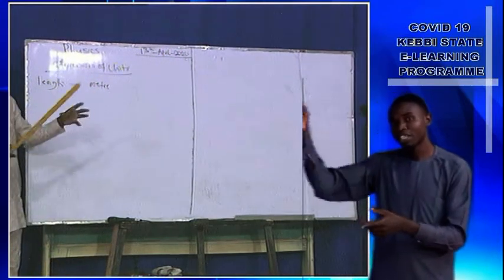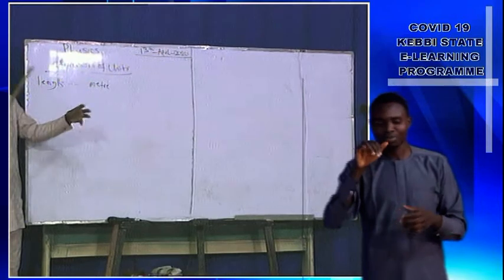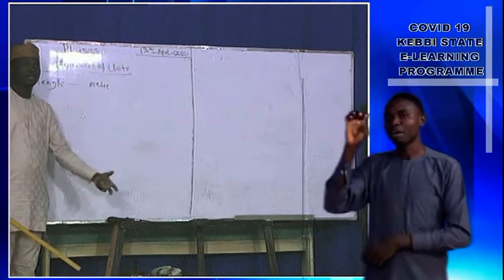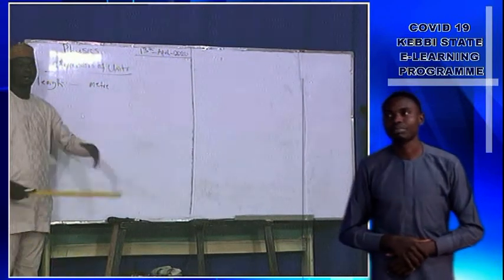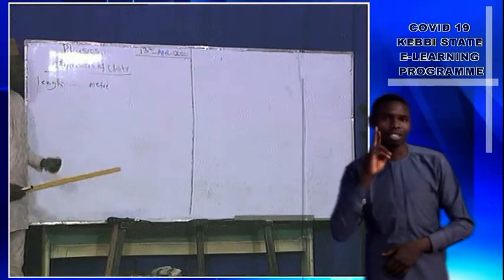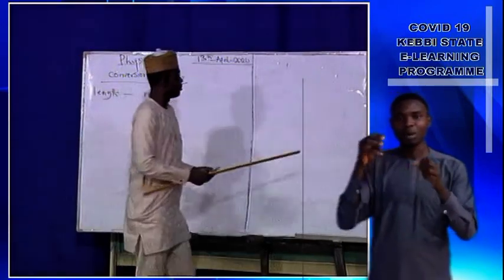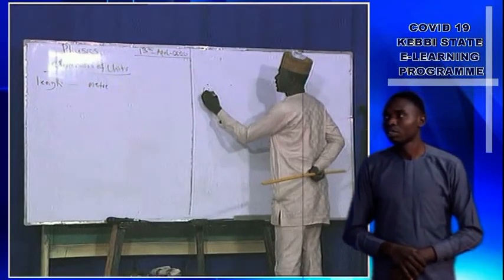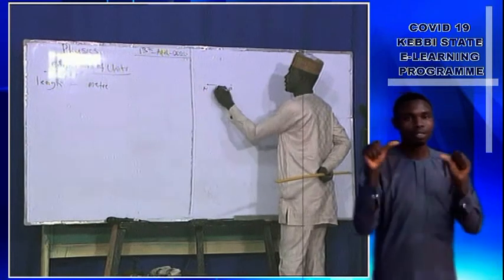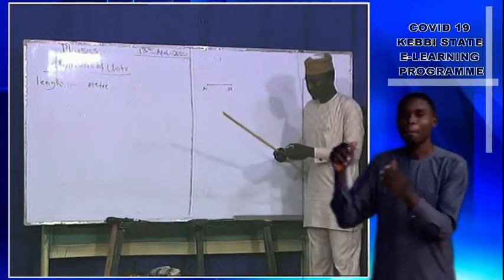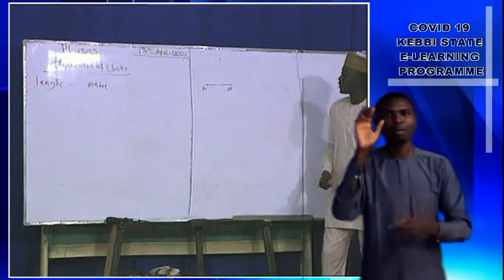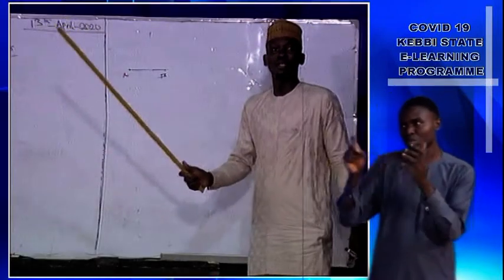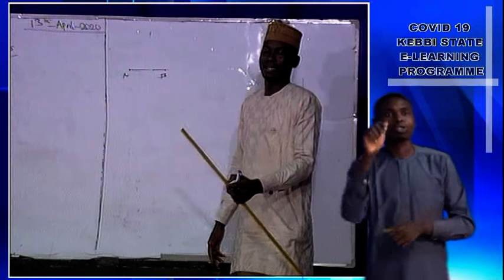If we are measuring a very wide length, we use meter, hectometer, decameter, kilometer, and others. If we are using a very minimal range, say from point A to point B, we cannot use kilometer, and we cannot use meter because it is even less than a meter.